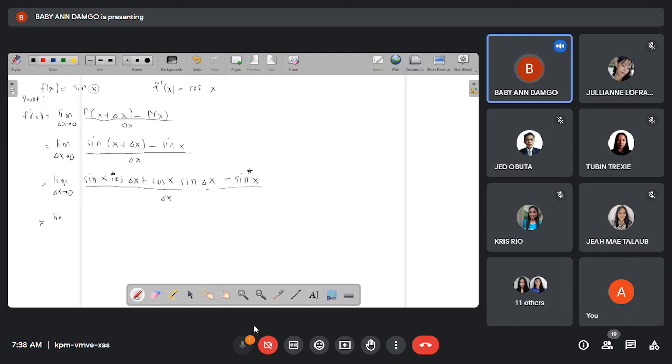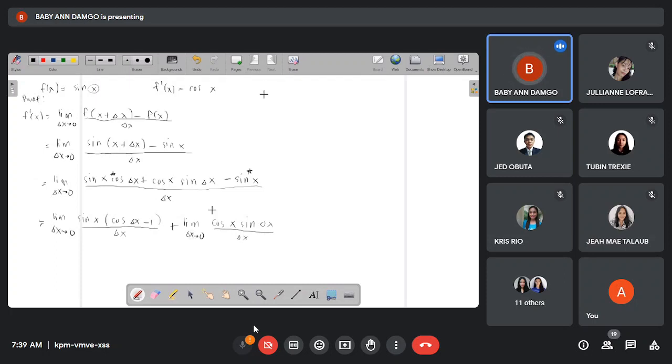So, this is sine x times, ang nahabilin, this is cosine change of x minus 1 all over the change of x as the change of x approaches 0. Okay? So, kani, so this is plus the limit of cosine x times sine change of x all over the change of x as the change of x approaches 0.